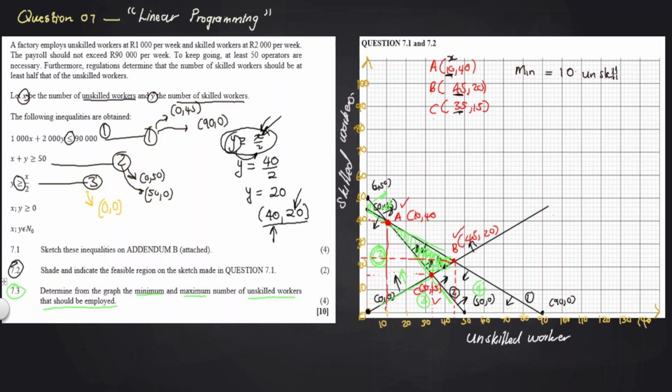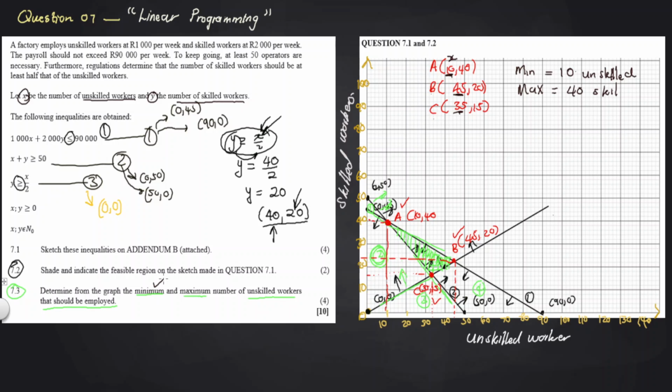And the maximum is equal to 45. Oh, okay, they want both for the unskilled workers.